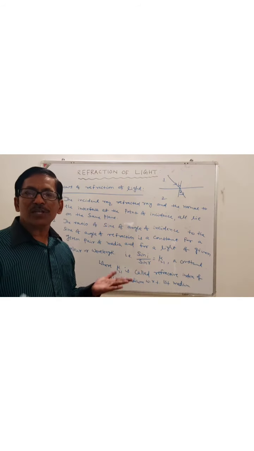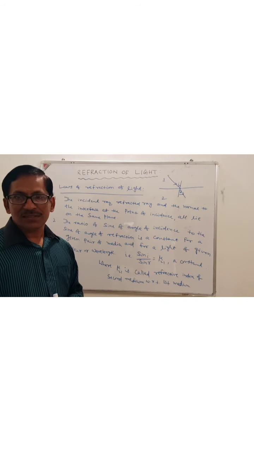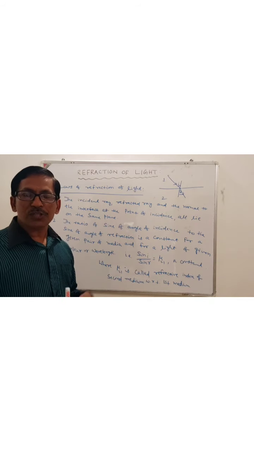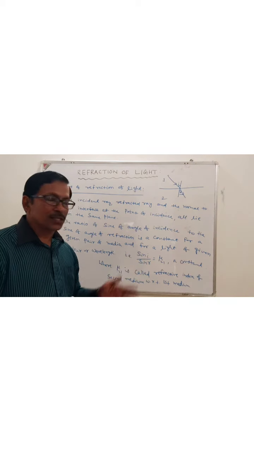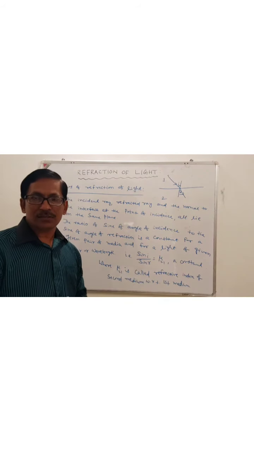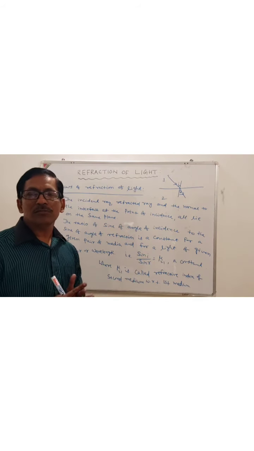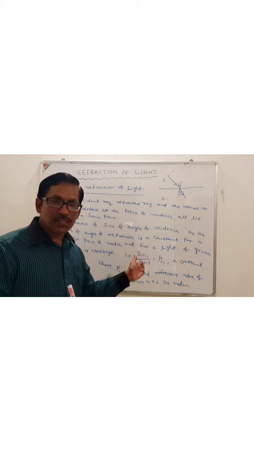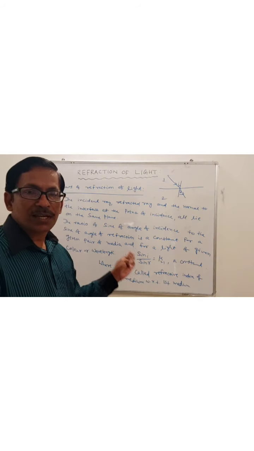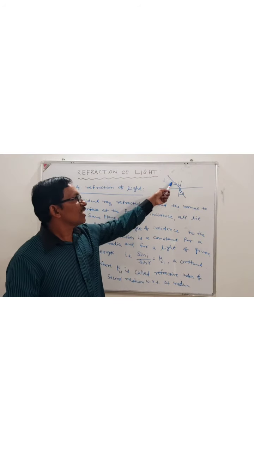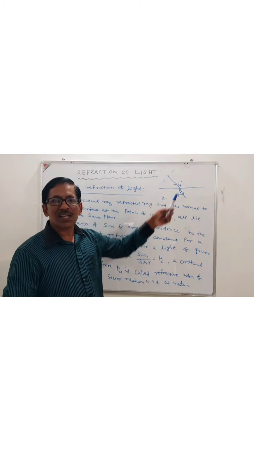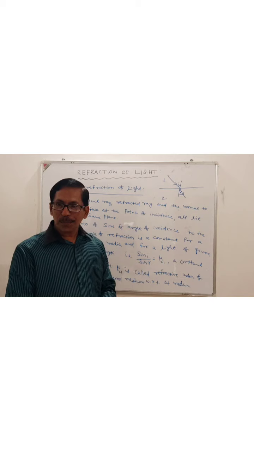And it is different for different media and for light of a given color. Suppose you take blue light and get some value, and if you change to red light, then you will get another value. So the ratio is a constant for a given pair of media. And you see, if you draw the diagram, the incident ray, the normal and the refracted ray all lie on the same plane.